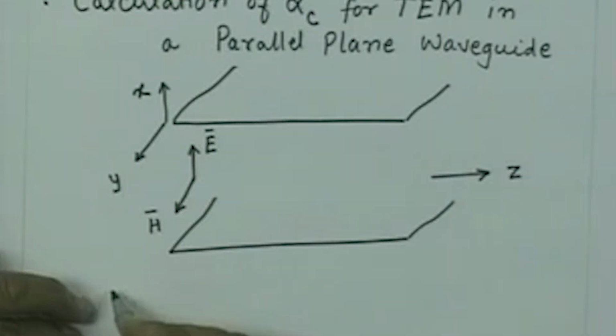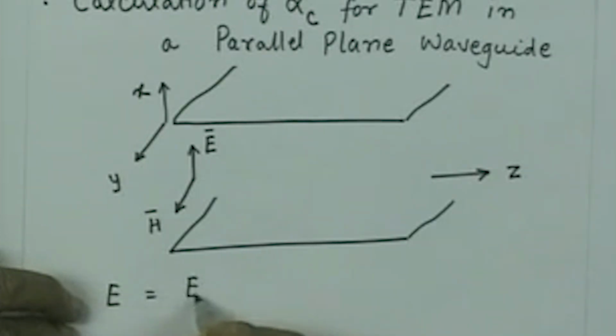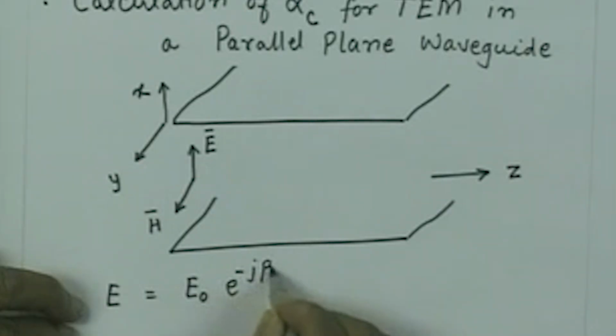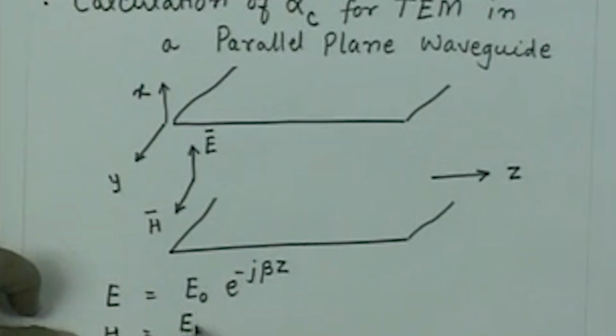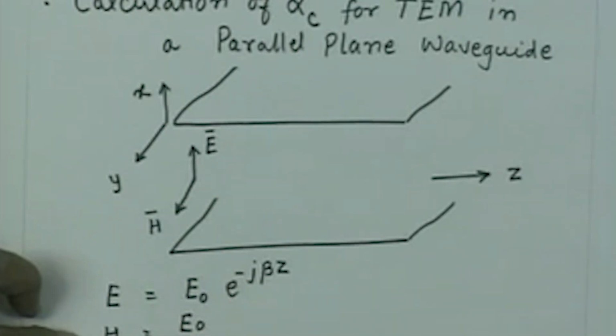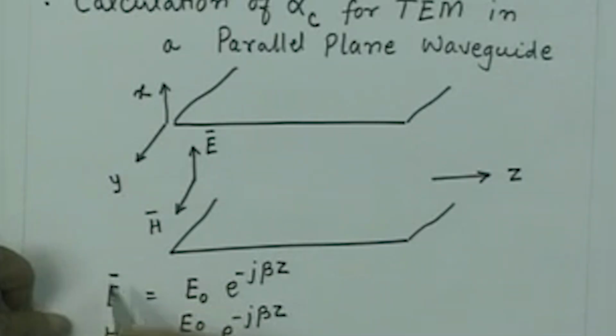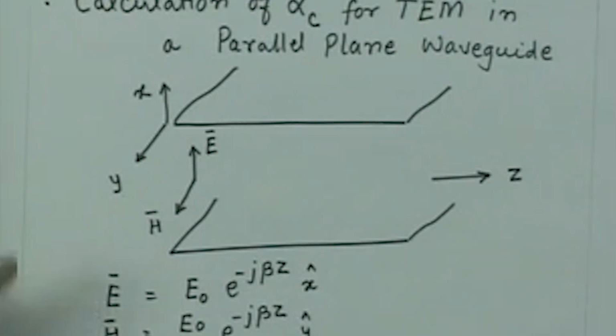So if I express the electric field E, which is some amplitude E0, e to the power minus j beta z, then H will be equal to E0 divided by eta, where eta is the intrinsic impedance of this medium, e to the power minus j beta z. And if I put this as a vector, this will be in x direction, H will be in y direction.